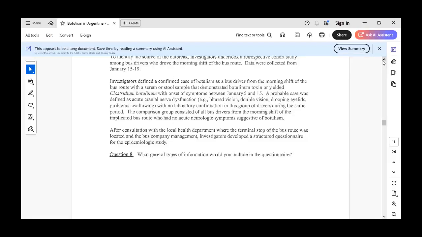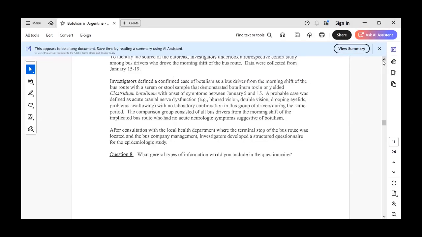What else? Exposure history, I heard food exposure, and maybe their clinical history. Okay, clinical information: their signs, their onset of illness.